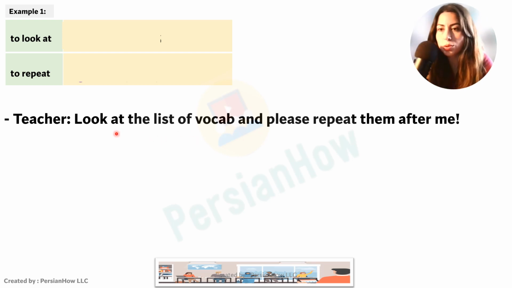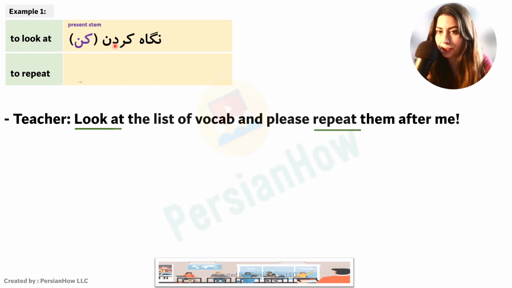Okay, there are two verbs here. The first one is look at and the second one is repeat. So to look in Farsi is نگاه کردن. But here we have a prepositional verb in English. We have to look at. In Farsi, it is also a prepositional verb, but the preposition is not at, it is به.